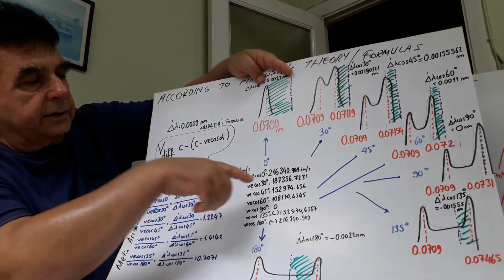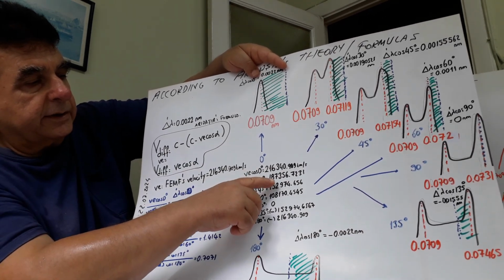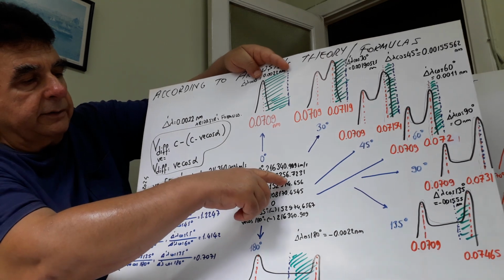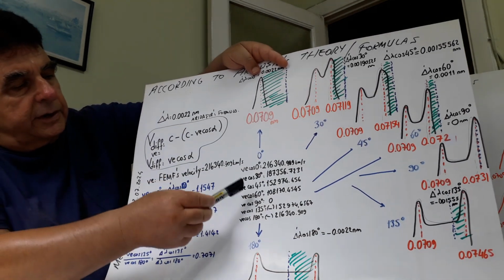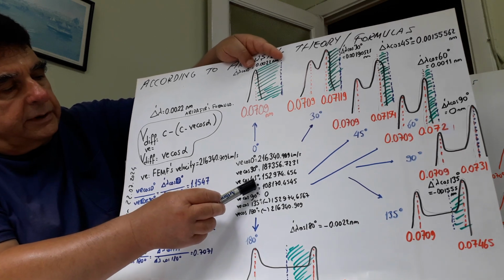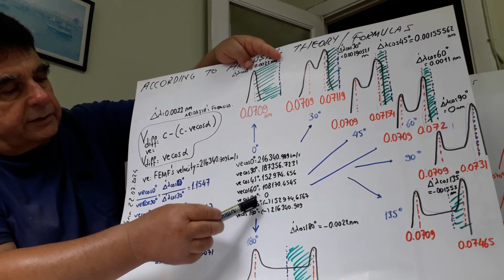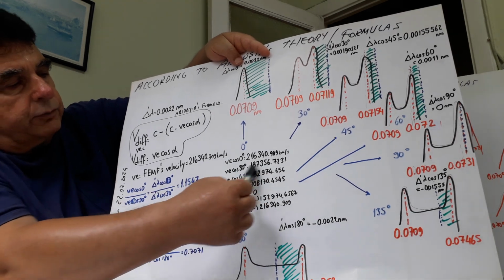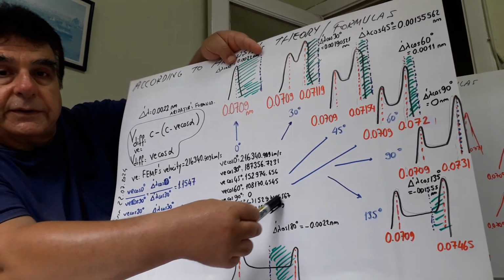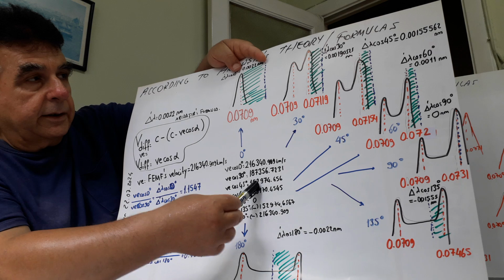For 30 degrees, it is 187,356. Like this for 45 degrees, 60 degrees, 90 degrees, 135 degrees, for each one, the wave speed differences.